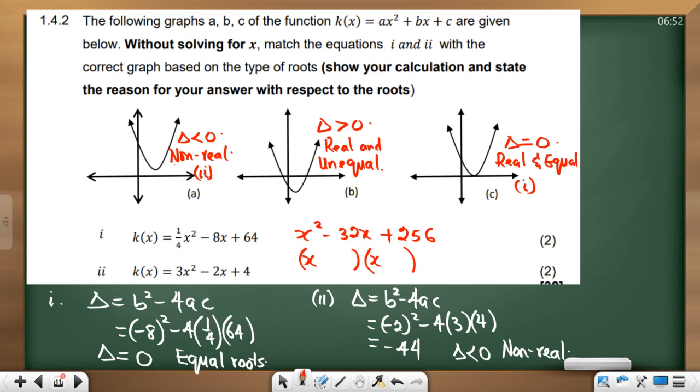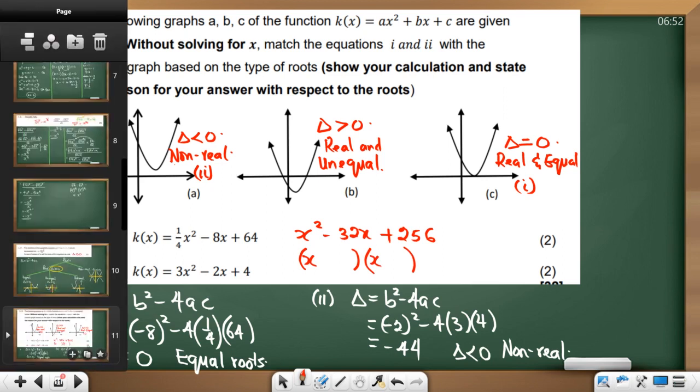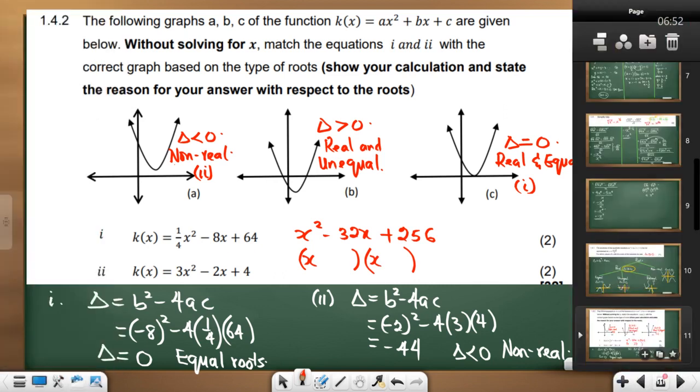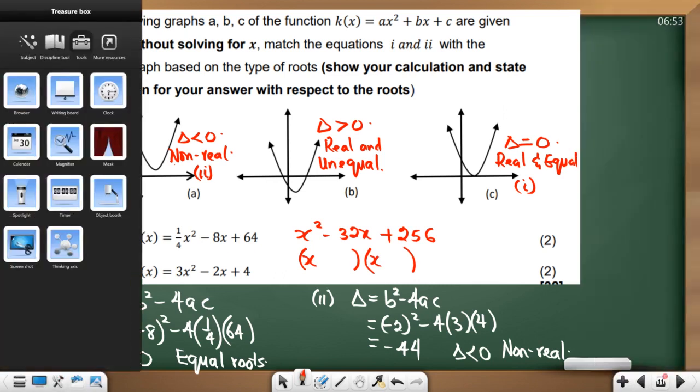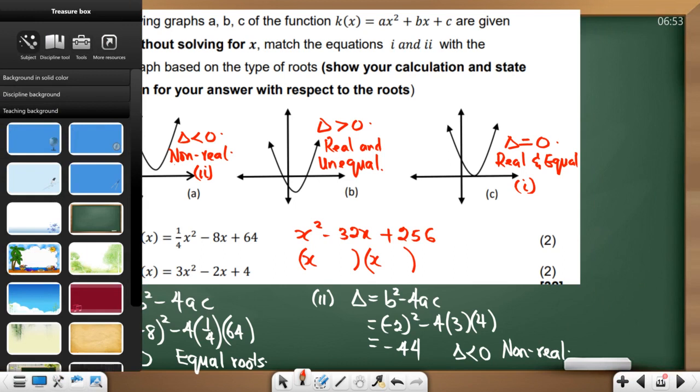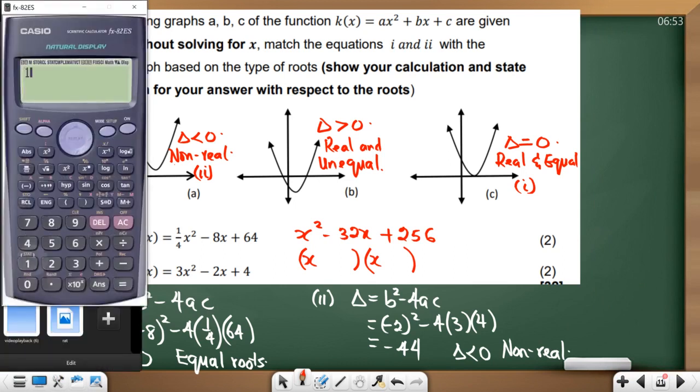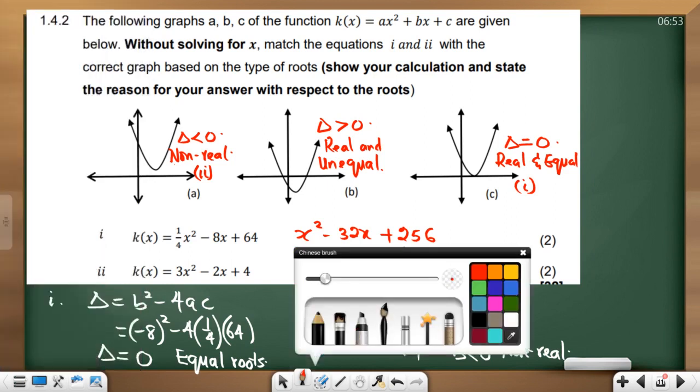I see that 256 can actually be 16 times 16. Yeah, because I want to get 32. Let me just show you. 16 times 16 is 256. Beautiful. So definitely this will be negative 16 and negative 16, because I want to get 32 there.